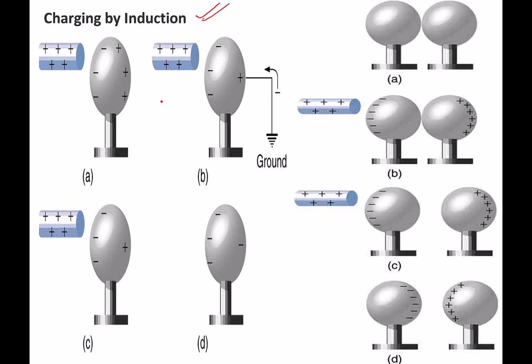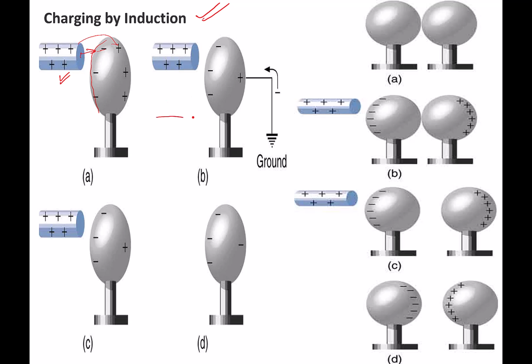So if we had a metallic ball and I get a positively charged rod close to it, just see how this side, this is the surface charge. The negative charge is coming closer to it. That means there's an attraction, and the positive charge gets repelled towards the other end.